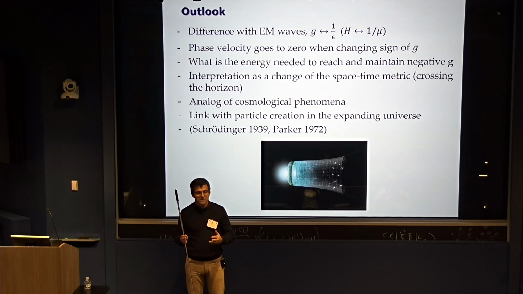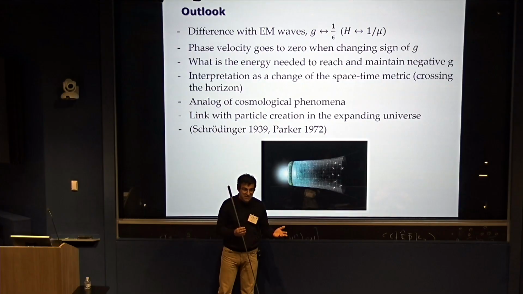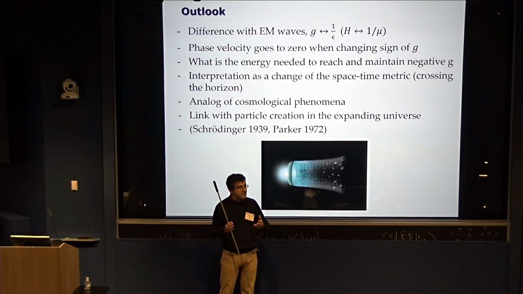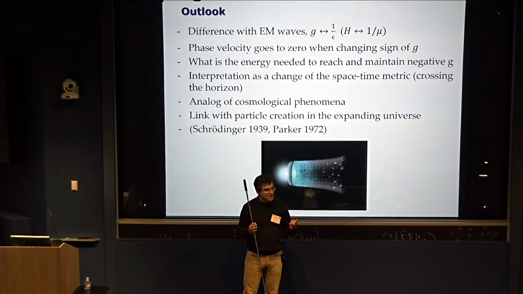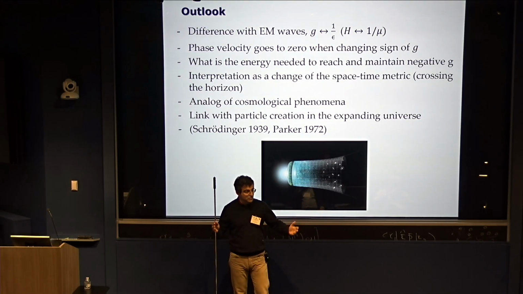But you could also say it's not the permittivity that is changing, in an analogy to cosmology. You could say, in fact, it's the space-time that is changing. When you change velocity, in fact, you change space over time. And you can say, let's say it's not a change of velocity, it's a change of the metric that is doing so.